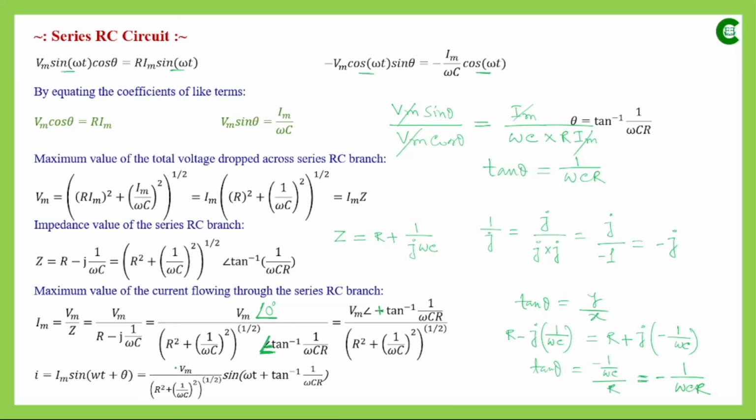So in place of Im, this value has been written, and we are not writing the angle separately, as the phase difference value we have incorporated inside the sinusoidal expression. So in place of theta we are writing this angle value, which is tan inverse 1 by omega CR. So this is the explanation of a series RC circuit.